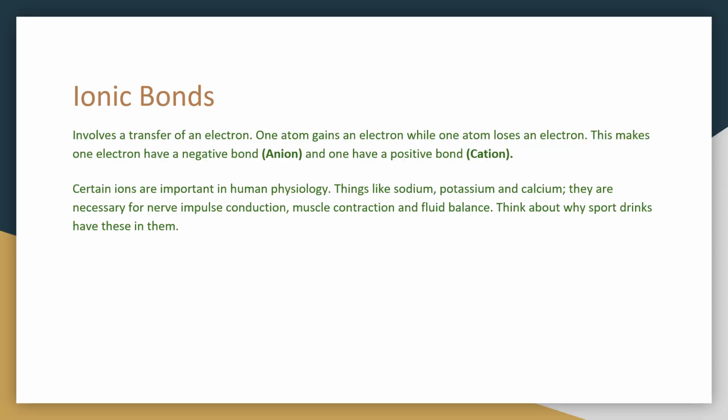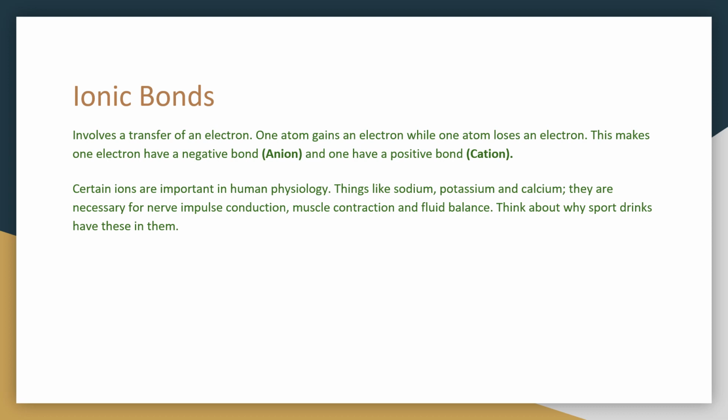Ionic bonds involve a transfer of an electron. One atom gains an electron while another loses one. This makes one atom negative, which is an anion, and one positive, which is a cation. So know that terminology: anion is negative, cation is positive.